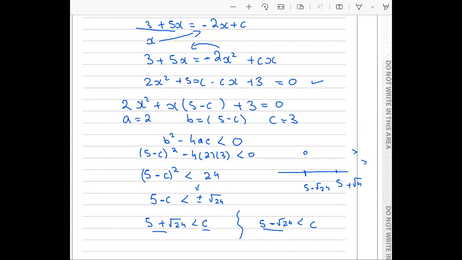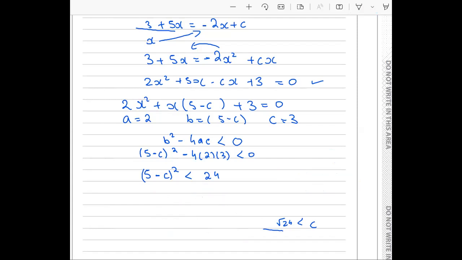We have to change the sign of the inequality. Yes, you were correct. Obviously, we need to get rid of the square, and for that we take a square root, but we need to change the sign as well. So we write it this way.